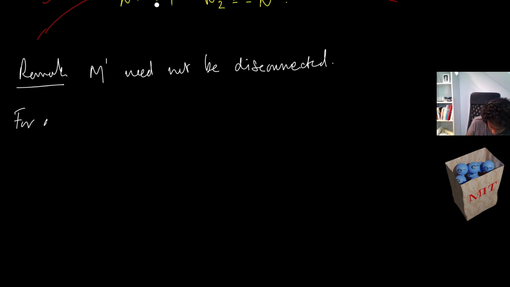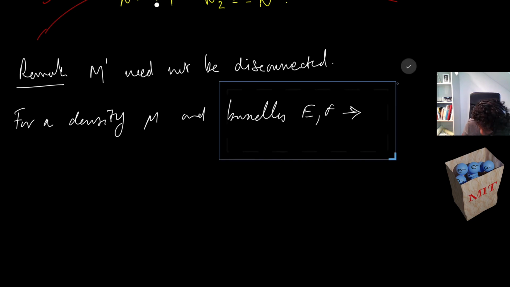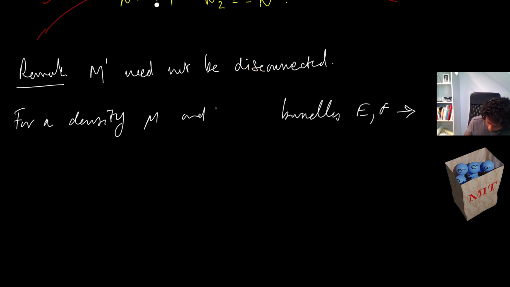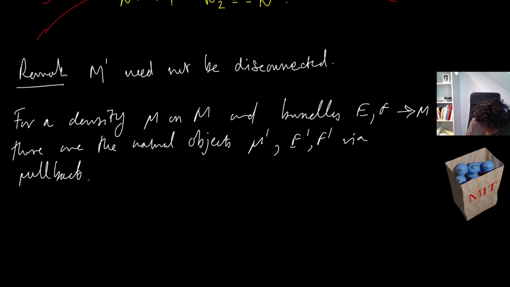So for a density mu and bundles E, F on M, there are the natural objects mu prime, E prime, F prime via pullback to M prime.